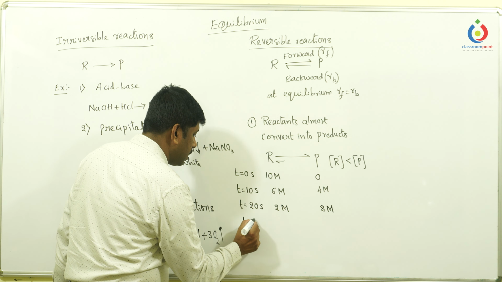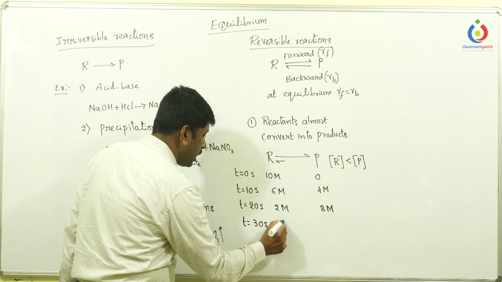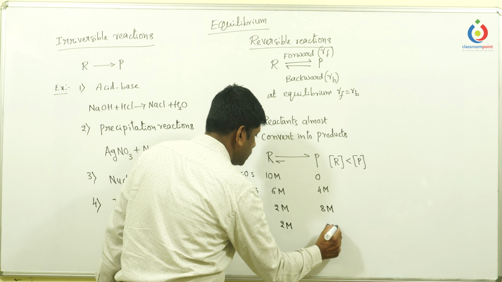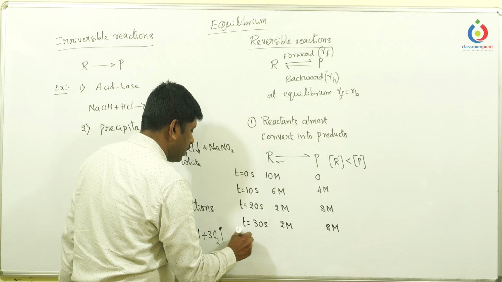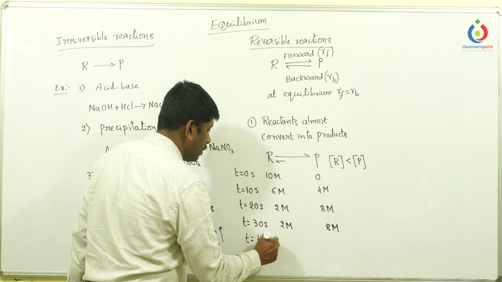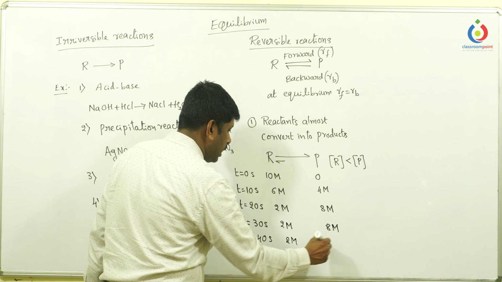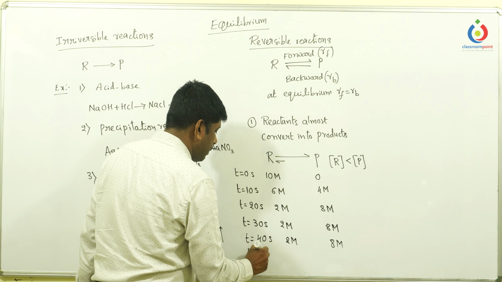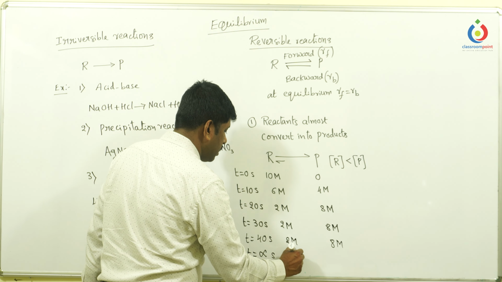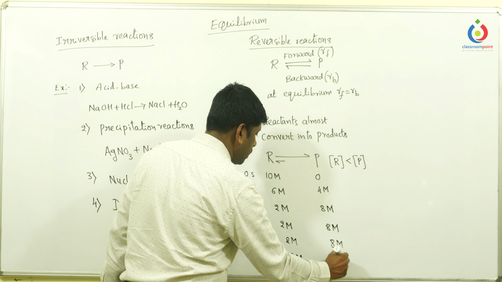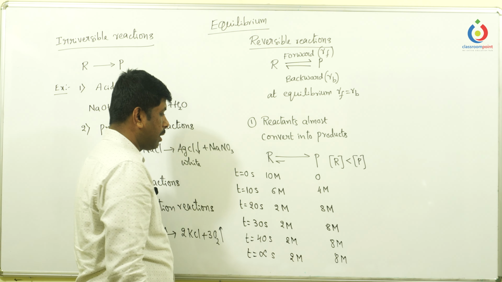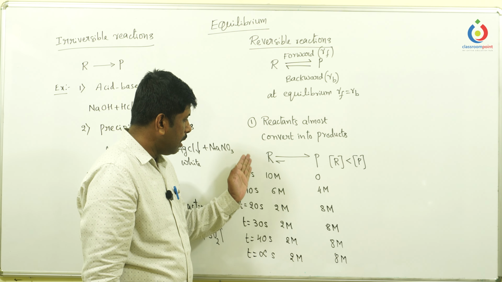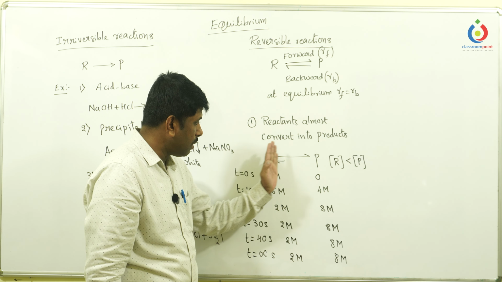Next, after 30 seconds, you observe that 2 molarity and 8 molarity is still present. After 40 seconds, again 2 molarity and 8 molarity is observed. Even after infinite time, you observe 2 molarity and 8 molarity. That means in this type of reaction, reactant molecules are converted more into the products.